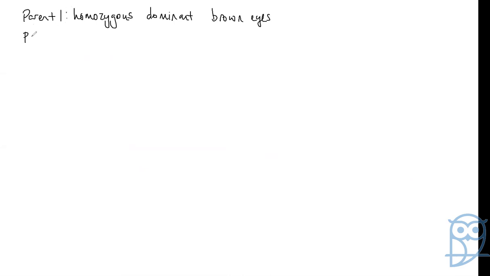And we have another parent who is heterozygous. So we need to think about, based on that, what are our genotypes? For homozygous dominant brown eyes, well, brown is dominant to blue, so we would have capital B, because we are homozygous dominant. Heterozygous, that's our genotype.